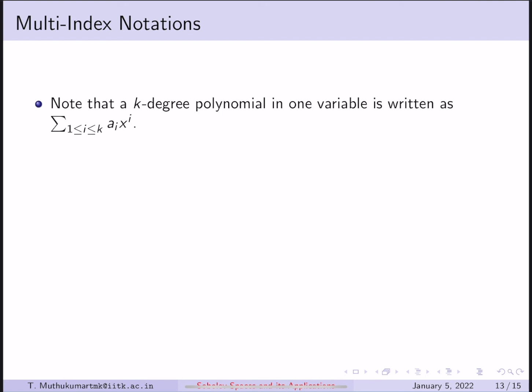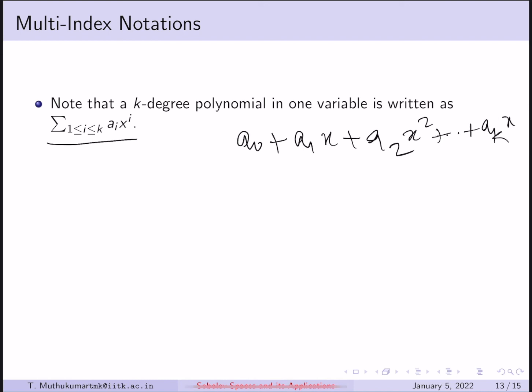So if you can recall how you write your k degree polynomial in one variable, it's written as the summation of a_i x^i, right? That's how you write a polynomial of degree k, up to, let's say, k.